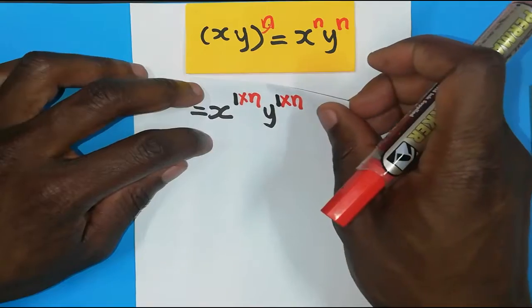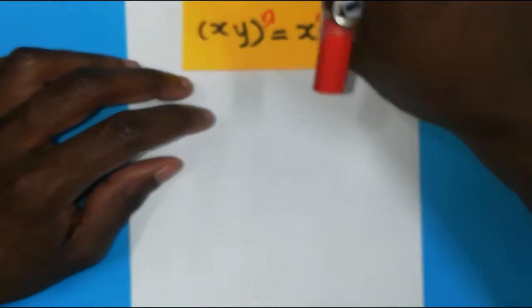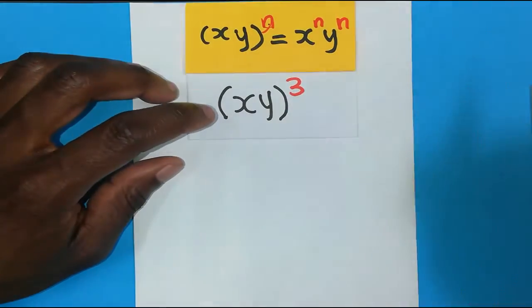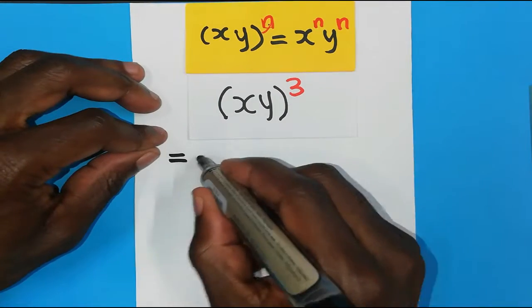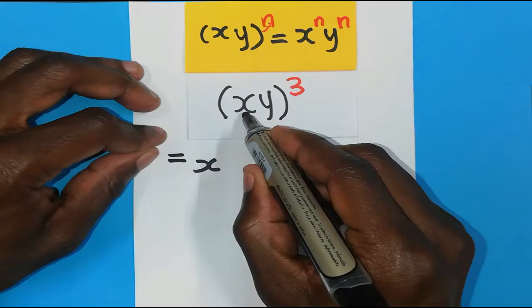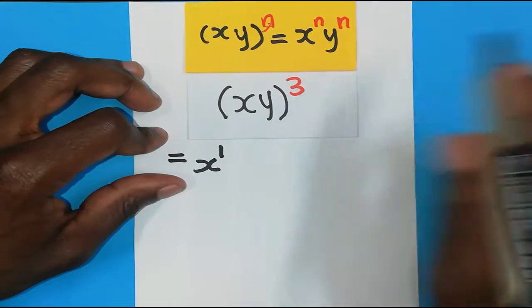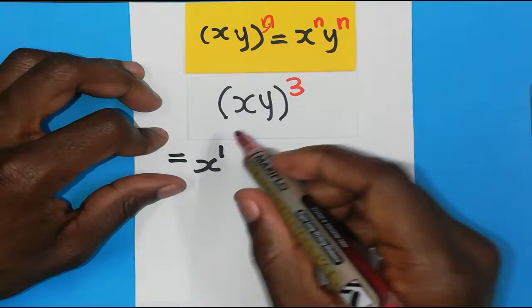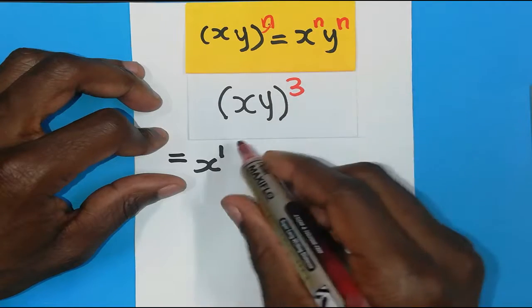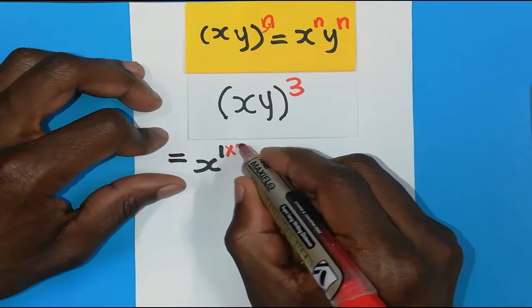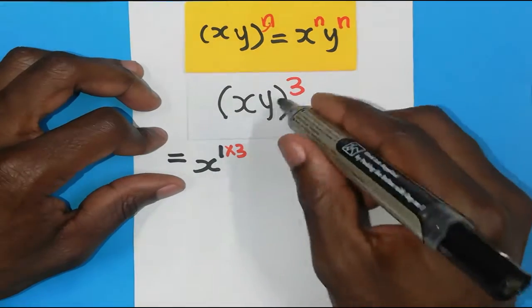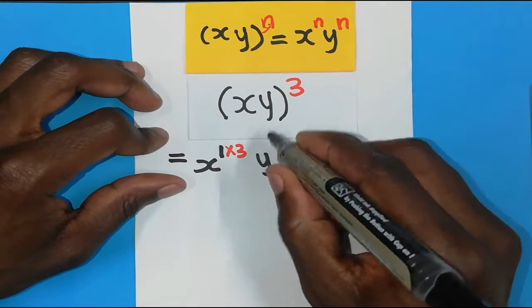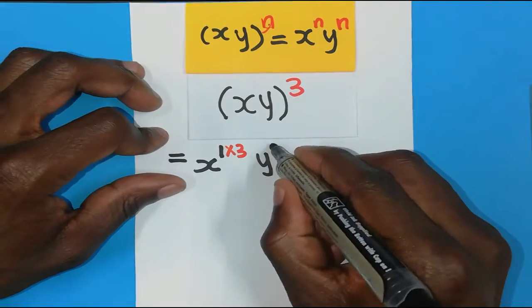Now let's use an example to explain further. Here's a good example. Now we are going to write x, the first variable and its exponent. Therefore you multiply that exponent with that other exponent, which is 3. Then you write the second variable, which is y, and its exponent. So the exponent of y here is 1.